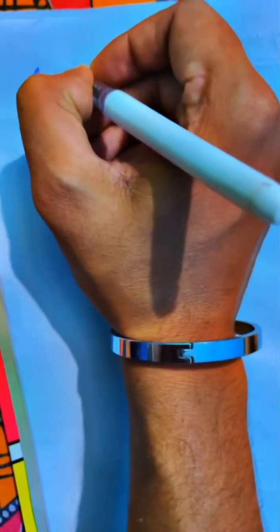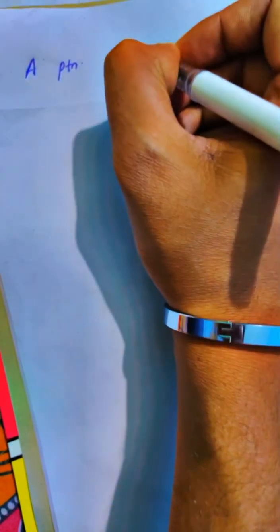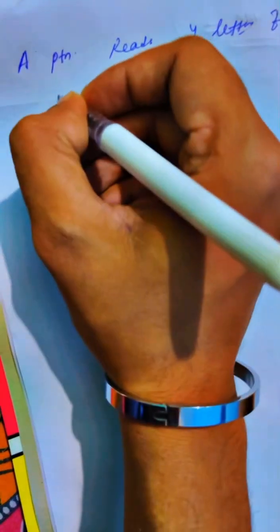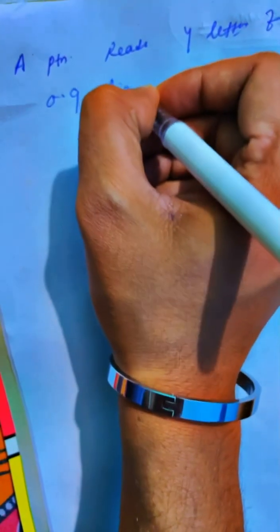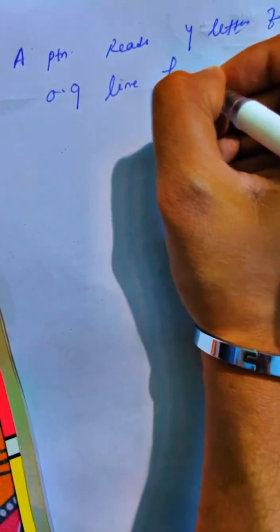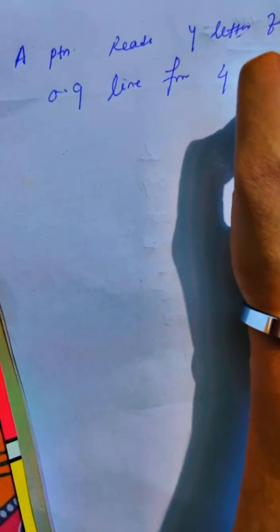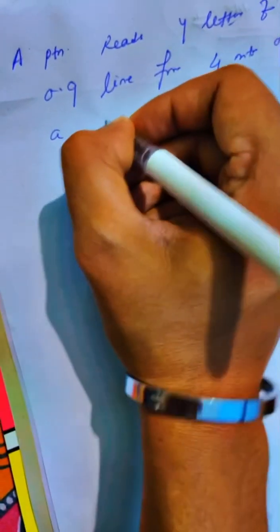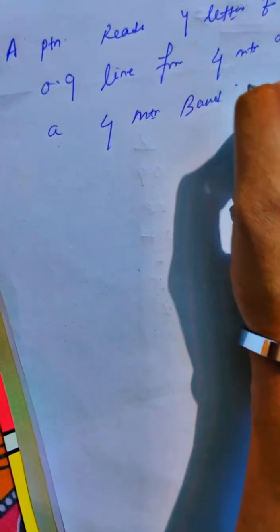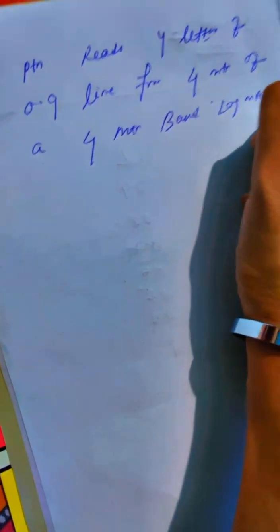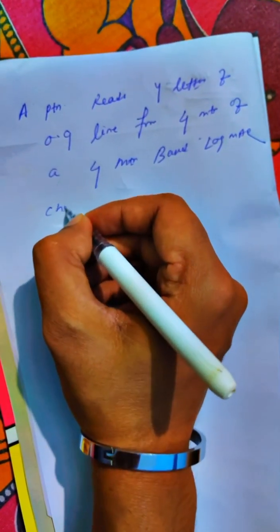A patient reads 4 letters of the 0.9 line from 4 meter of a 4 meter based LogMAR chart.